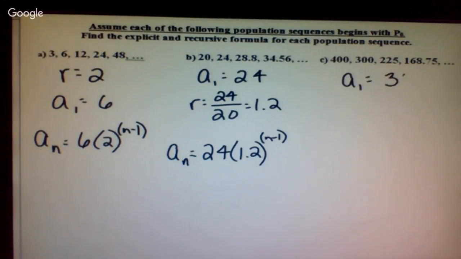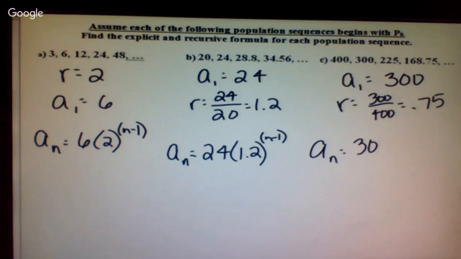And what is my R value? 0.75. Again, 300 divided by 400 would give you 0.75. So A sub n equals 300 times 0.75 raised to the n minus 1. Not too bad, right? No, it's perfect. I like this.